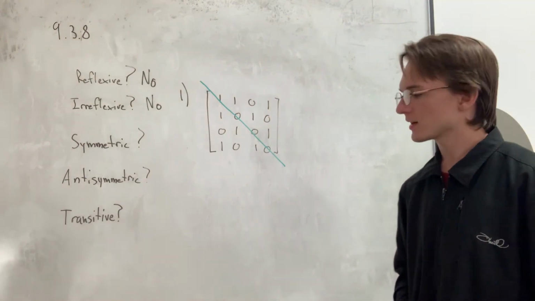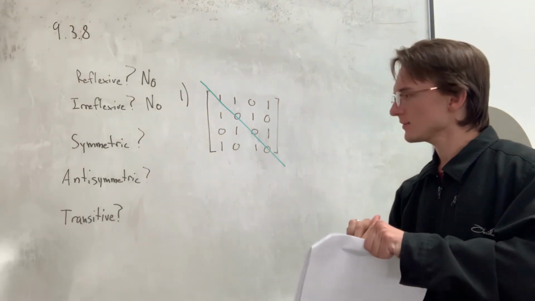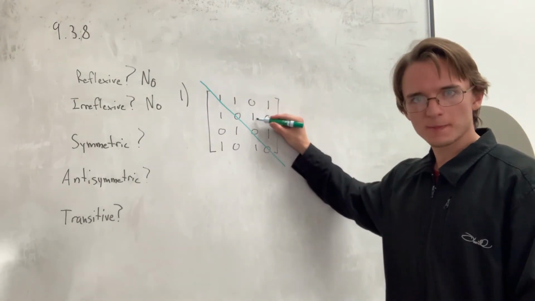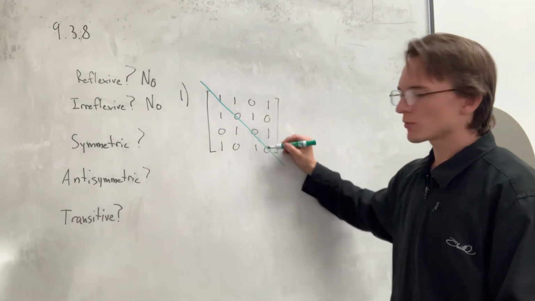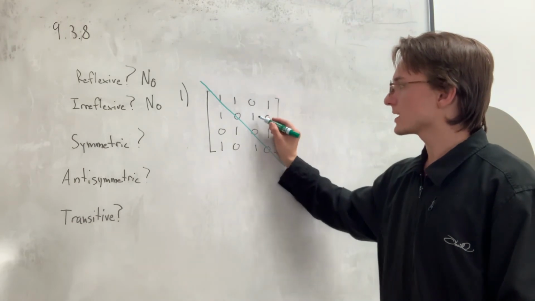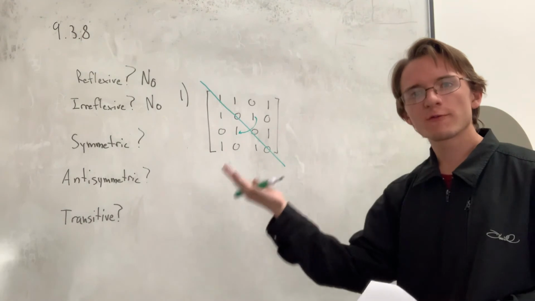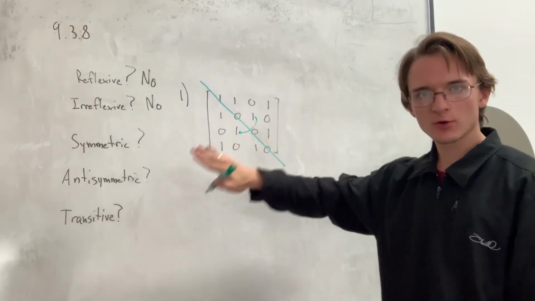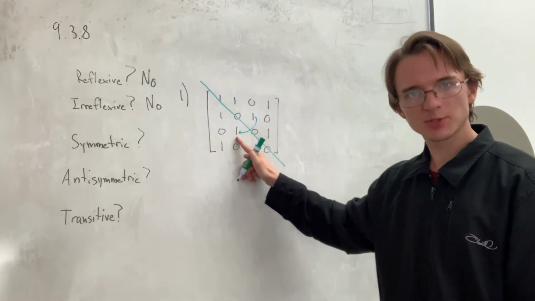Is it symmetric? Well, it's symmetric if for any 1 that does not exist on the diagonal, for example, this 1 right here, every 1 has another 1 on the fold of that line. So this one could be folded across, and it would match up with this one right here. There's symmetry.